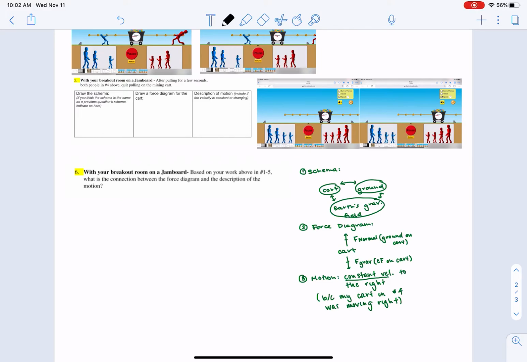We also say that this means that the forces are balanced. We have one up, one down, they're balanced with each other. In all the cases where the forces are balanced, we have constant velocity. The cart may be moving or not moving, but the point is that the velocity is constant.